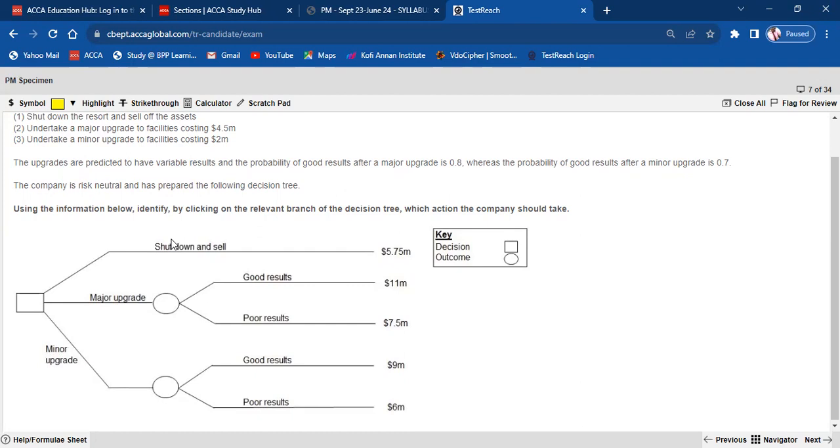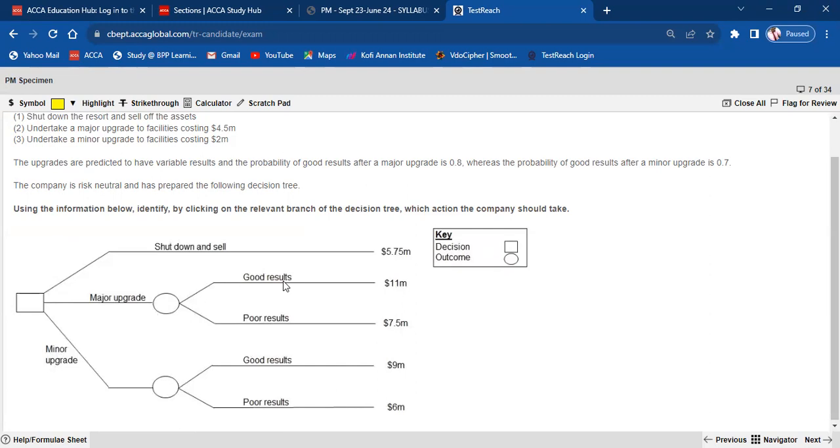Now, the upgrades are predicted to have variable results, and the probability of good results after a major upgrade is 0.8, whereas the probability of good results after a minor upgrade is 0.7. So if you do a major upgrade, outcomes are good or poor. Minor upgrade, good or poor, but the probabilities are not the same.